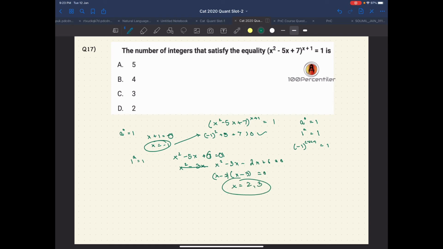So there are two more integer solutions here. Now looking at the third case, x square minus 5x plus 7 equal to minus 1. So this becomes plus 8 equal to 0. So there is no possible integer here, and therefore x cannot be an integer here, and therefore 3 is the required answer.